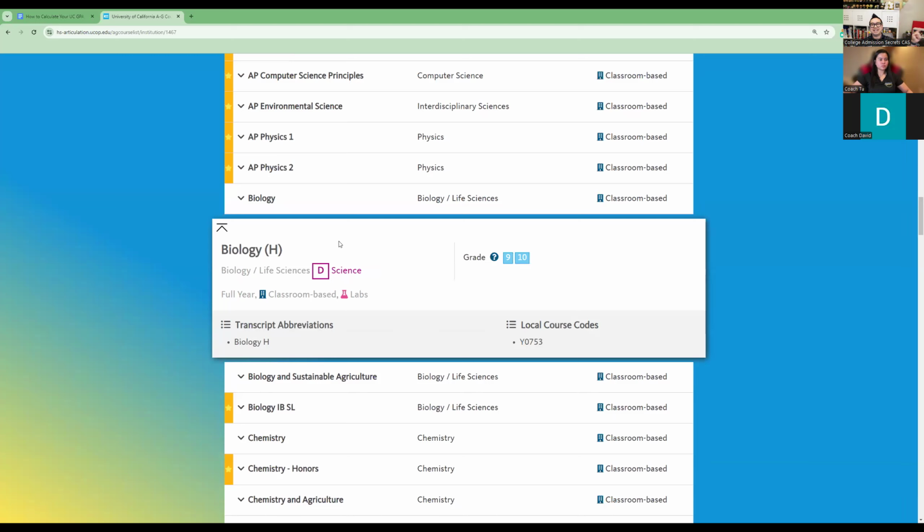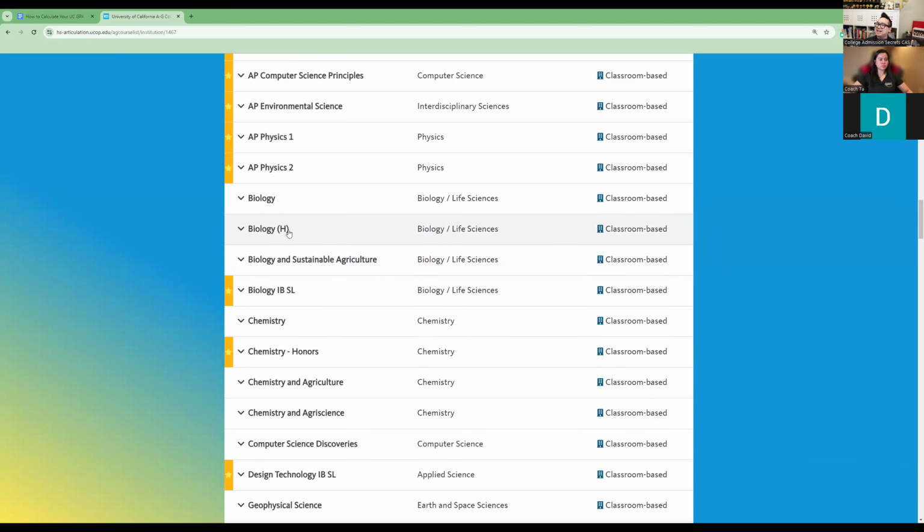For the UCs, however, this is one of the few differences now, right? The UCs do not recognize that class as an honors class. So how do you know a class is honors or not when it comes to the UC GPA? On this page, it makes it pretty simple. If you see a yellow star, it is honors.